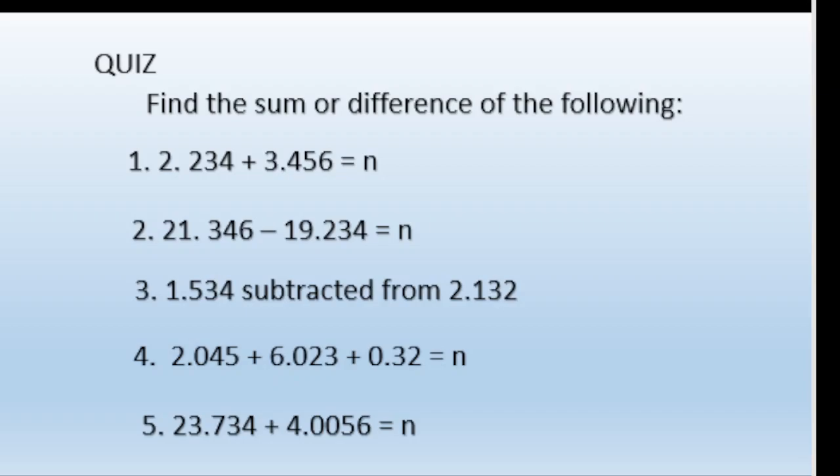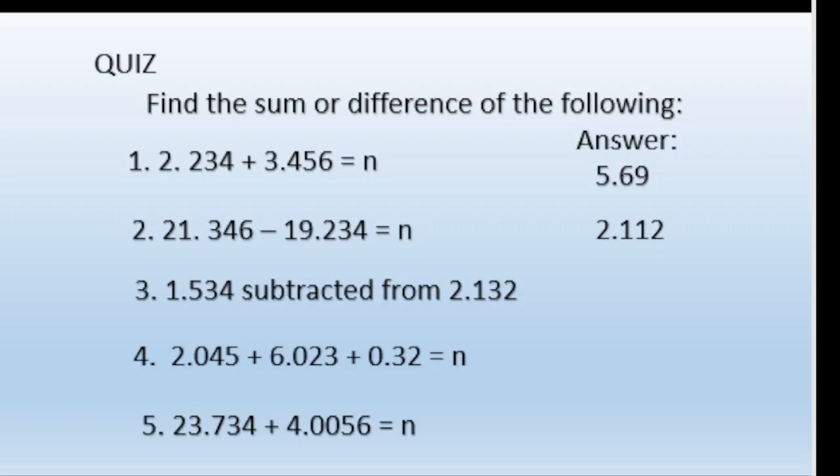Okay, so you have 2.234 plus 3.456, that is equal to 5.69. Then number 2, 21.346 minus 19.234 is equal to 2.112.